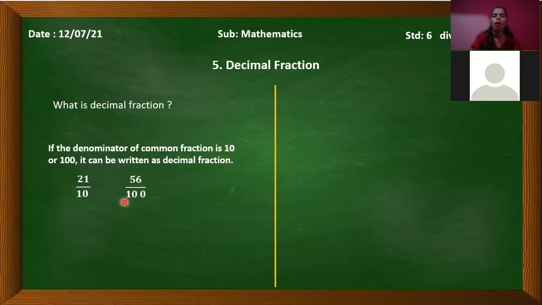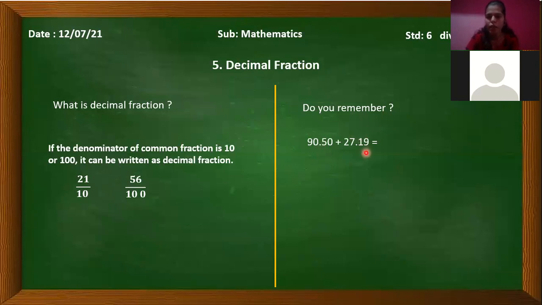Do you remember how to do addition and subtraction of decimals? Anyone? Yes, ma'am. So I'm going to give you some sums, so you can solve that, right? So just copy down that sum in your book and give me the answer. The first sum is 90.50 plus 27.19.